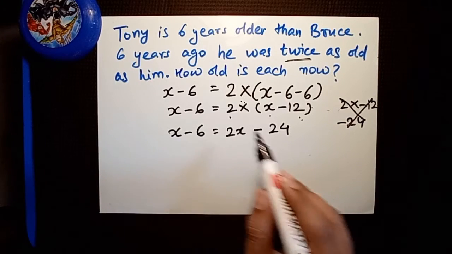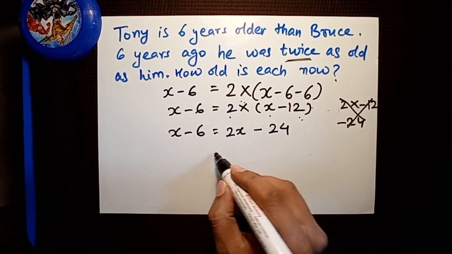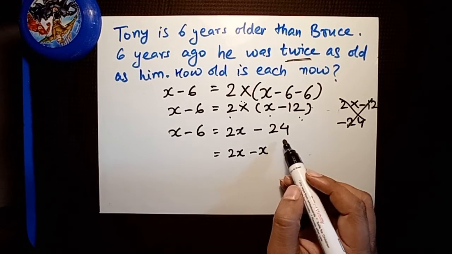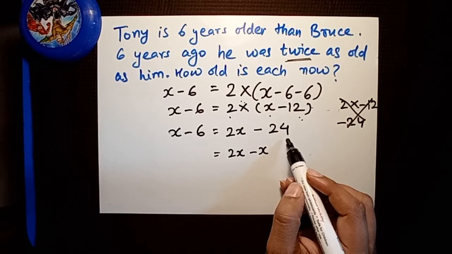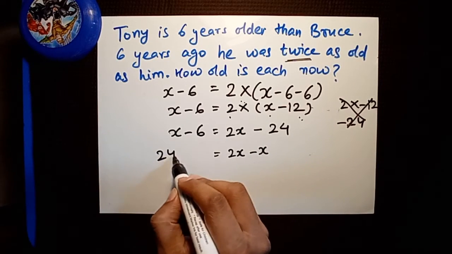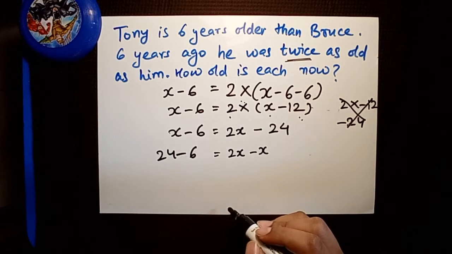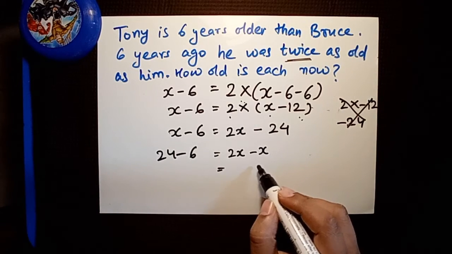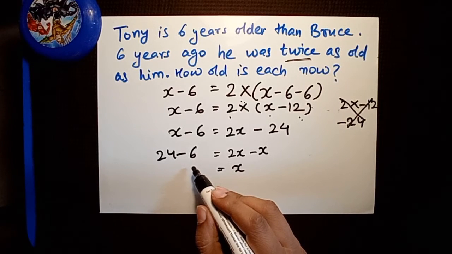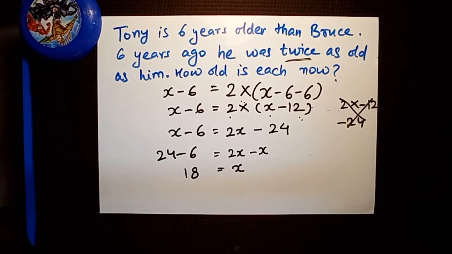It is positive, so it will become negative here. So 2x minus x, and I can take this minus 24 to the other side, so it will become positive. So 24 minus 6. 2x minus x is x. 24 minus 6 is 18.